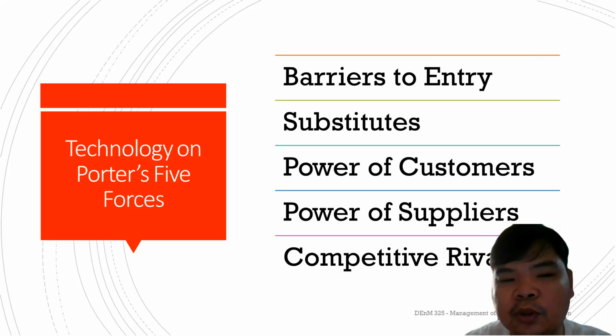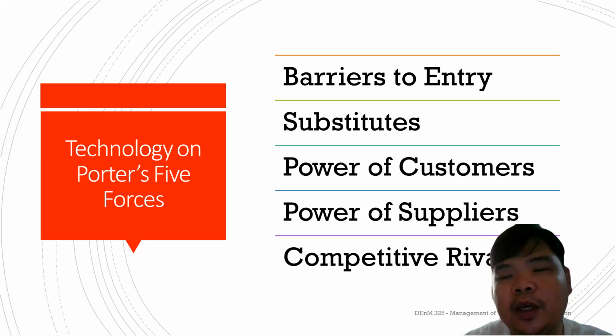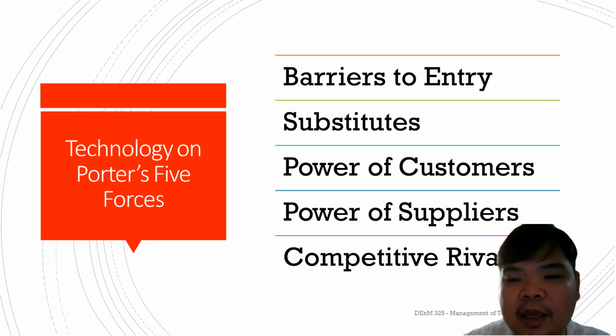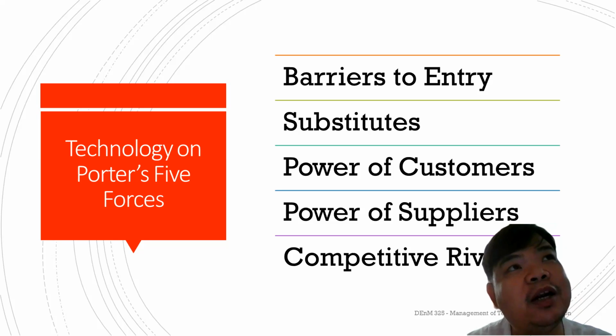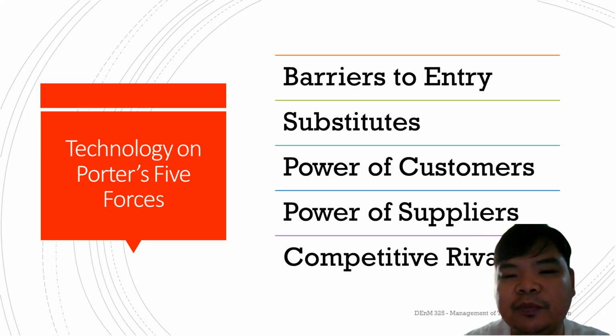Then for substitutes, an example of the potential impact of technology is that new products may displace old. For example, before we had the cassette player, then the CD player, then MP3, now we have cell phones, right? From Betamax, VHS, then the VCD, right?